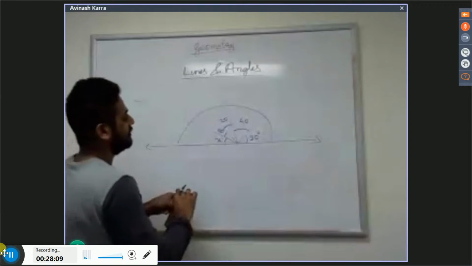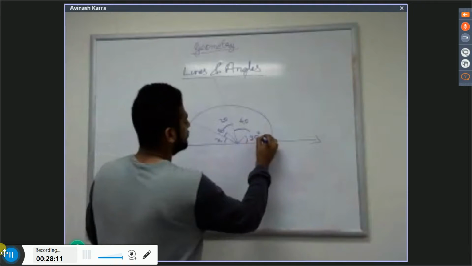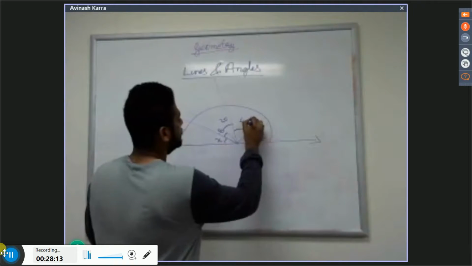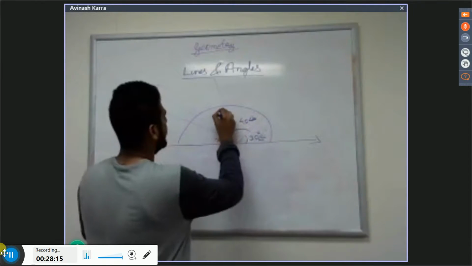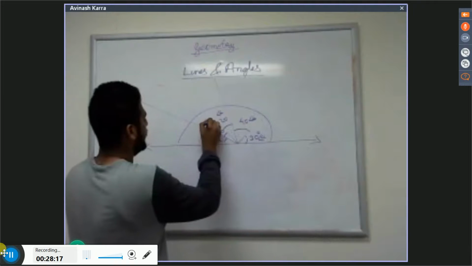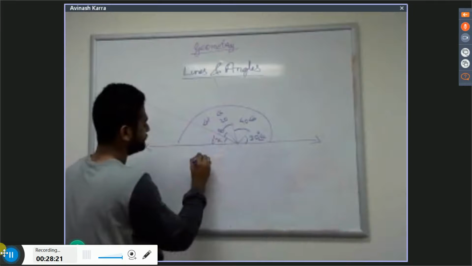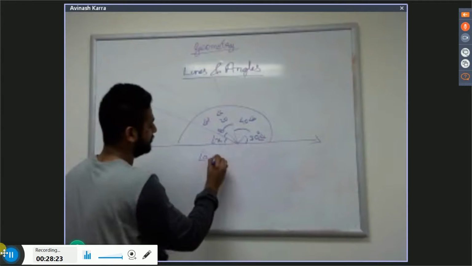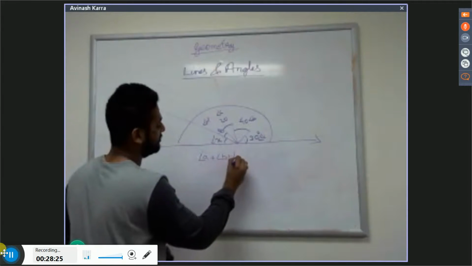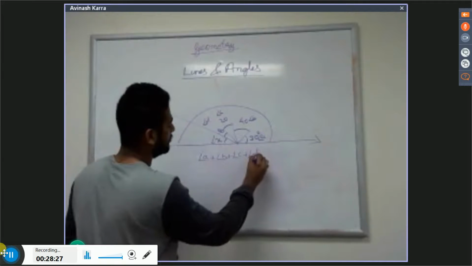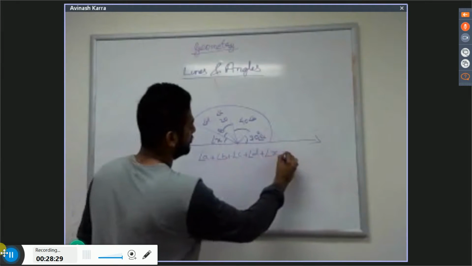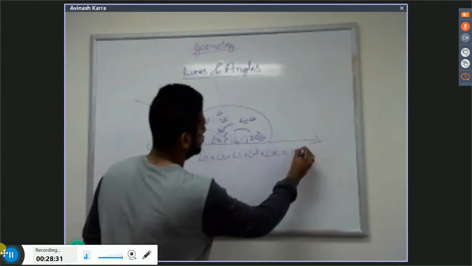If I call this angle A, this angle B, this angle C, this angle D, and this the already given angle X, then angle A plus angle B plus angle C plus angle D plus angle X is equal to 180 degrees.